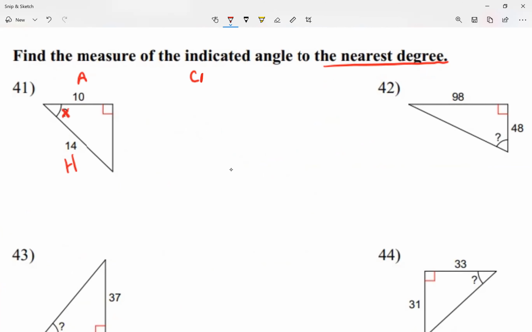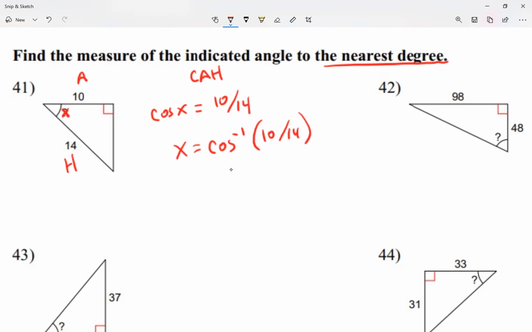So I remember the acronym CA, which means that cosine of x is equal to 10 over 14. So x is equal to cosine inverse of 10 over 14.